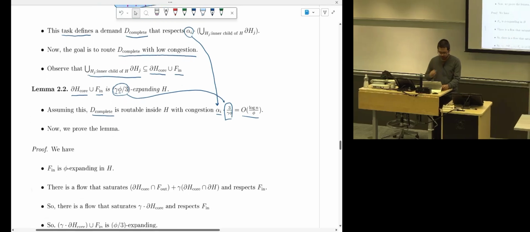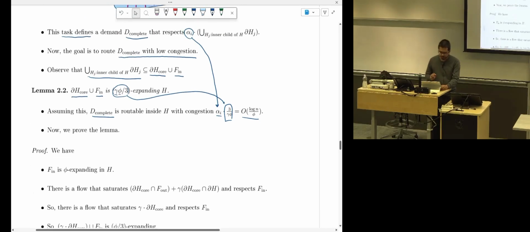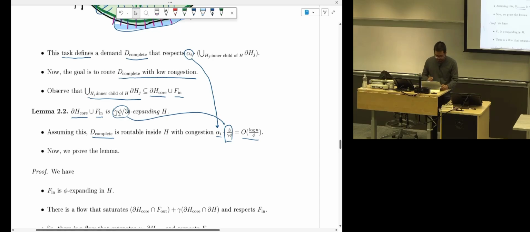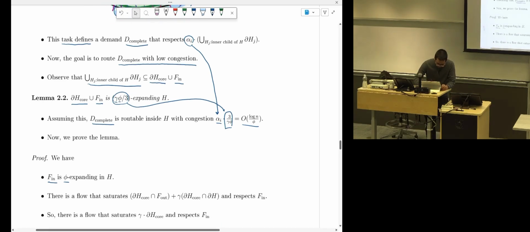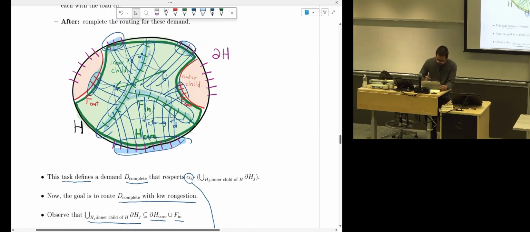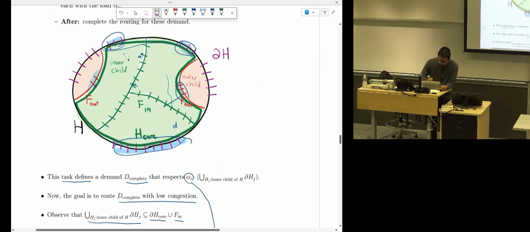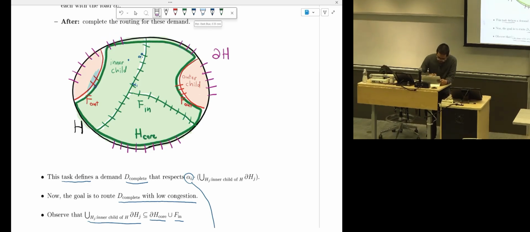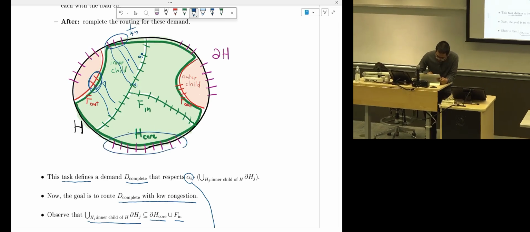Okay. First, we know that F in is phi expanding. And now there is a flow. We know that each of these guys can send 1 over log flow to F in. This guy sends 1 over log to F in.